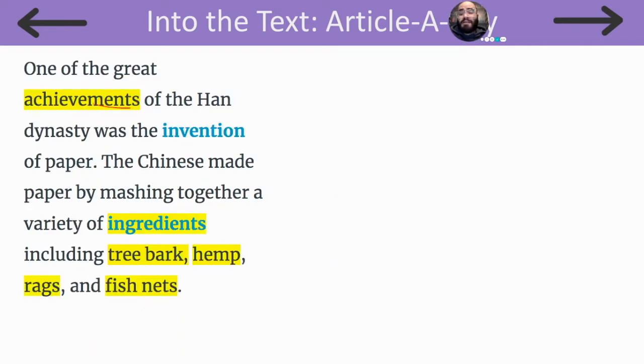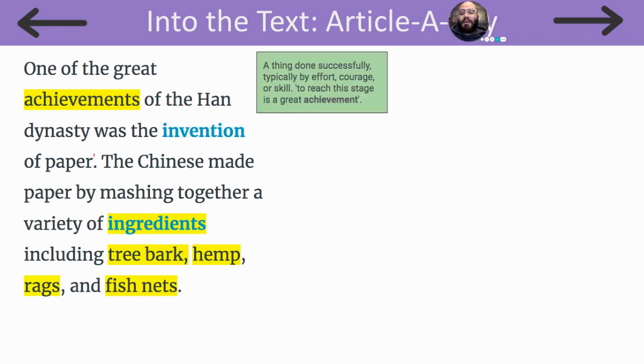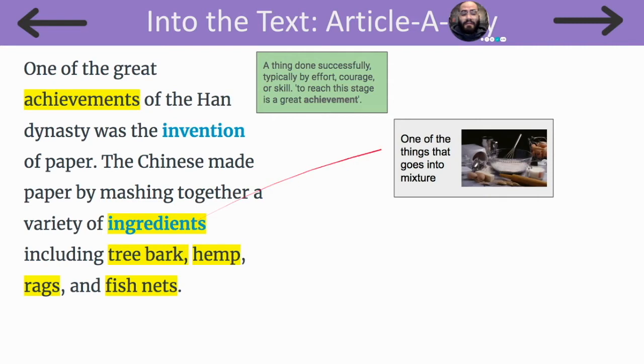One of the great achievements of the Han dynasty was the invention of paper. An achievement is a thing done successfully, typically by effort, courage, or skill. To reach this stage is a great achievement. So when you invent something, that's a great achievement. The Chinese made paper by mashing together a variety of ingredients.